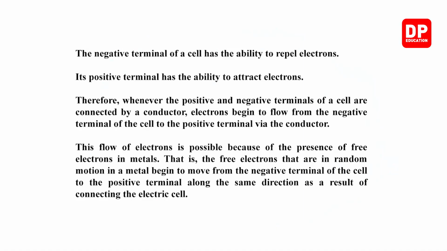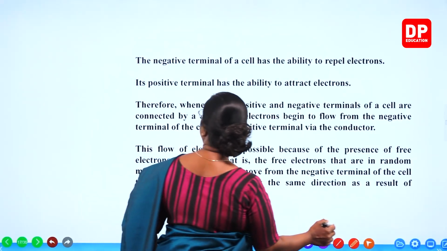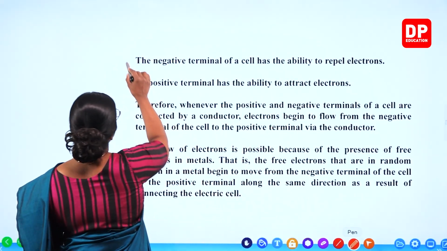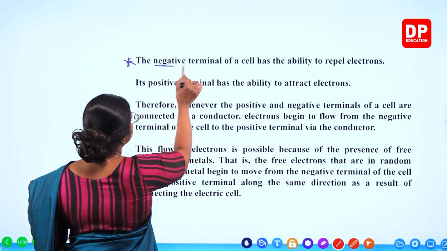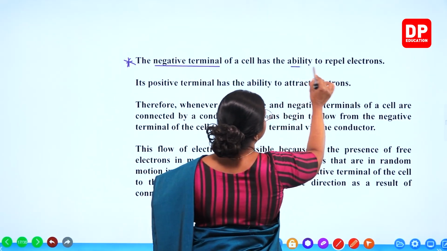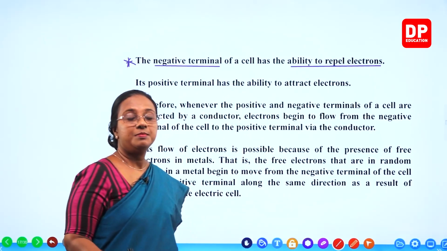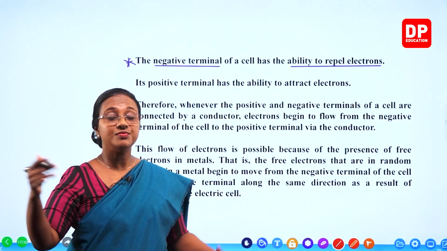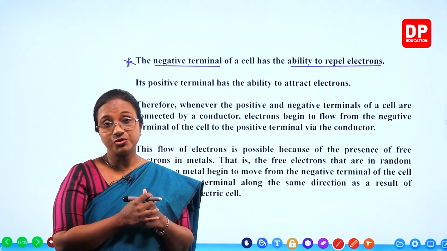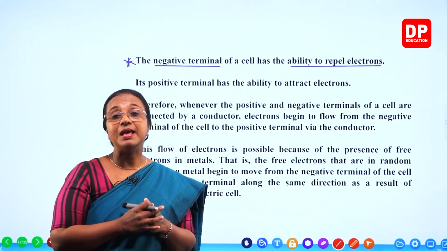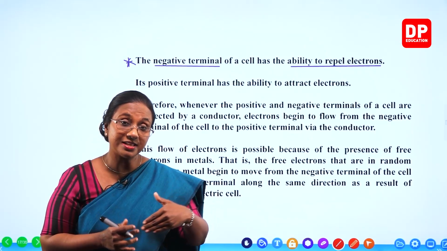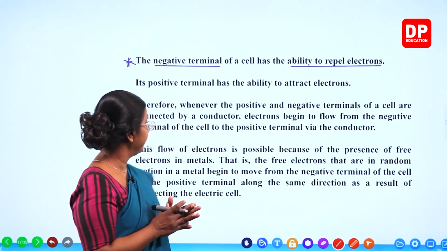The negative terminal of a cell has the ability to repel electrons, so to push the electrons away. Here you can see the negative terminal has the ability to repel electrons. Because there are a lot of electrons, when a conductor is connected to it, they start repelling the electrons, or pushing the electrons away.